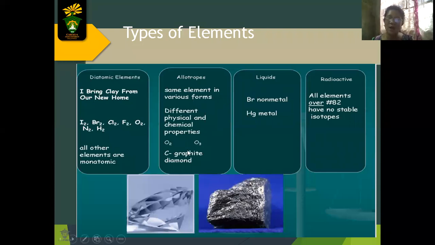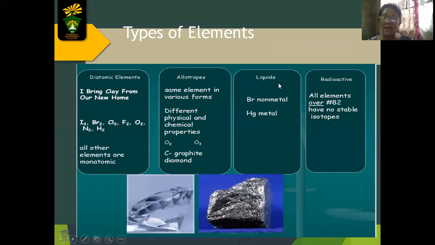For instance, oxygen has 2 allotropes, that's O2 and O3. Even hydrogen has 3 allotropes, that's H, H2, and H3. For instance, carbon also has 2 allotropes. The first one is graphite. The second one is the source of diamond. Okay, that's allotropes. Pareho sila, but they differ in their physical and chemical properties.